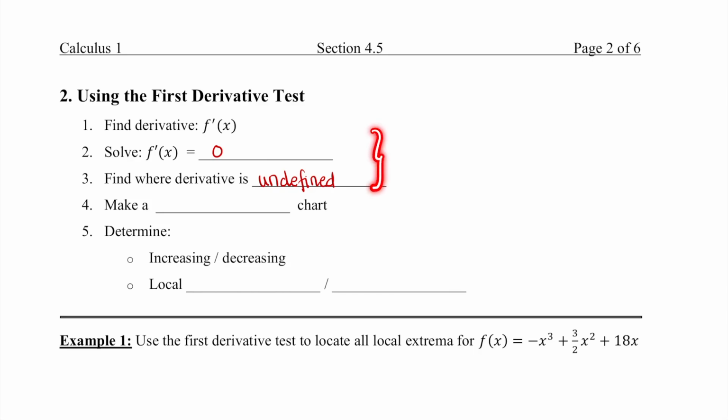Steps 2 and 3 together give us all the critical points. Step 4. Make a sign chart. This is where we figure out where the derivative is positive or negative. Step 5. Determine where the function is increasing or decreasing, and where we have local maximum or minimum.